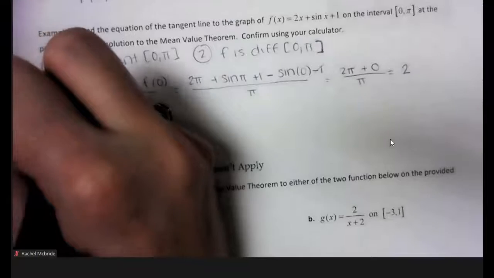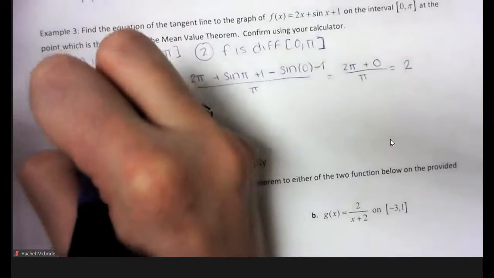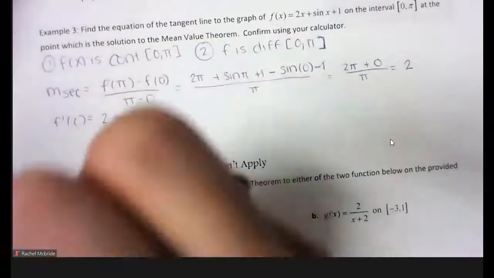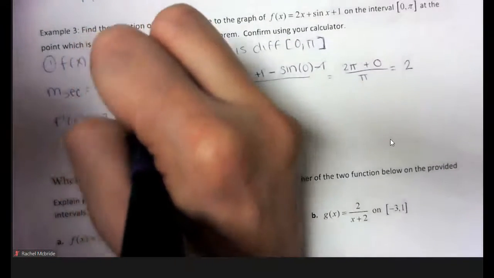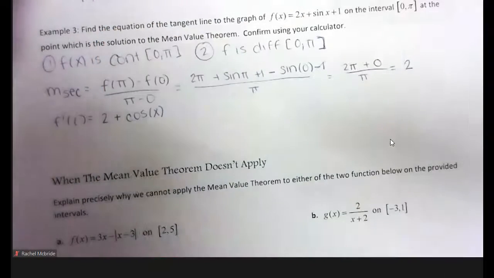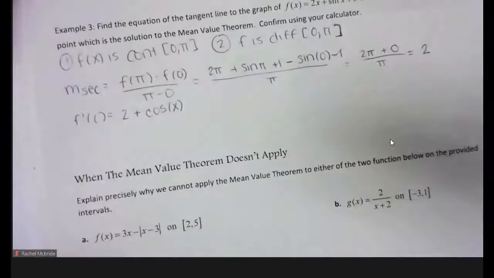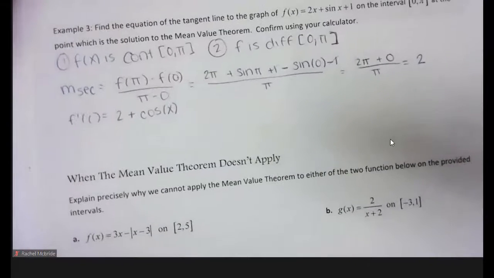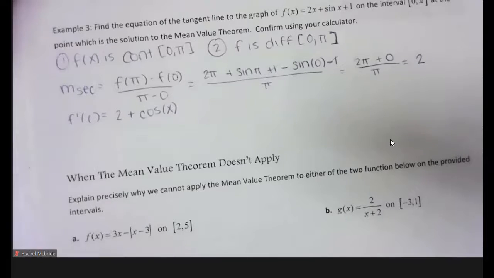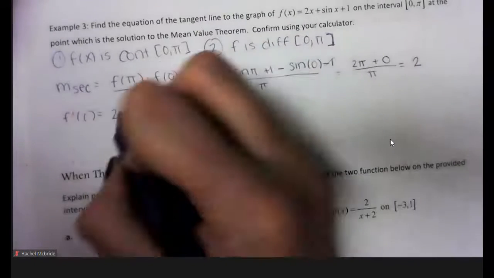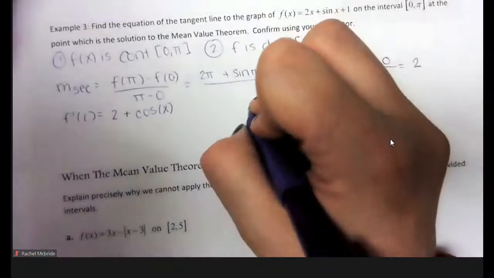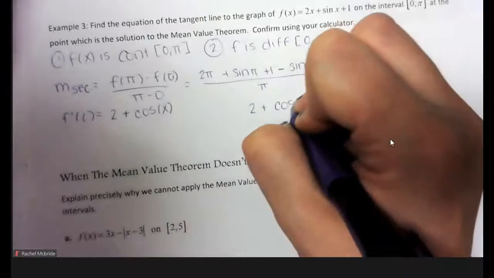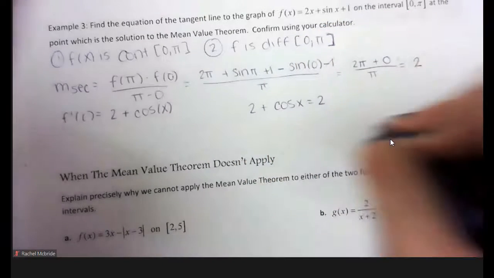f prime of c is equal to 2 plus the derivative of sine, which is cosine. So f prime of c is equal to 2 plus cosine x. Wow, how nice is this? Because you set the derivative equal to the secant. So you get 2 plus cosine x equals 2.